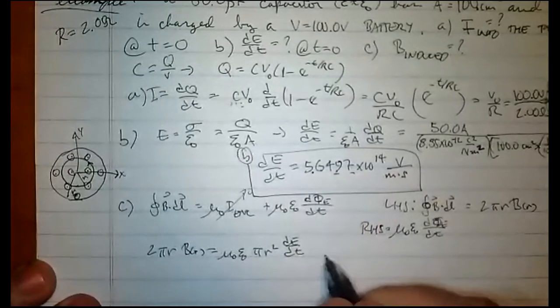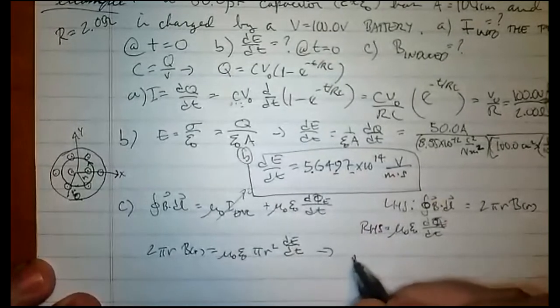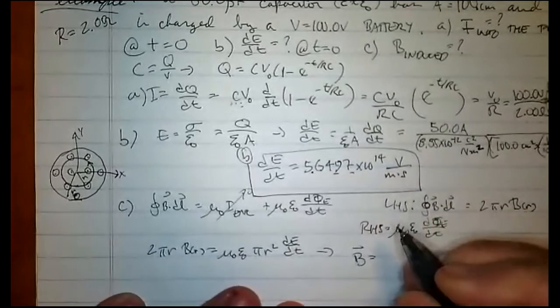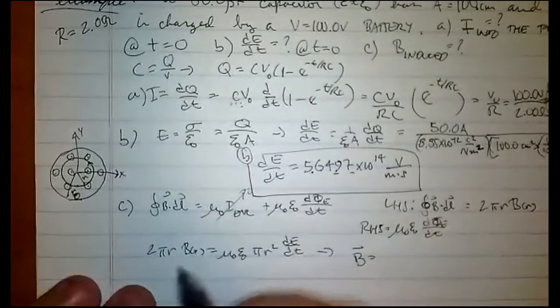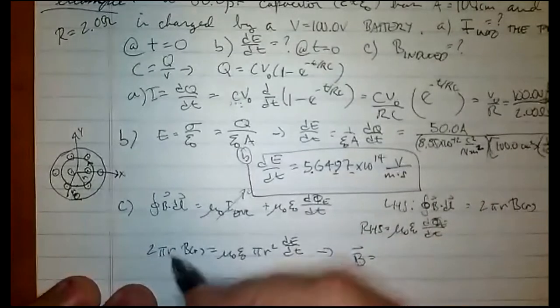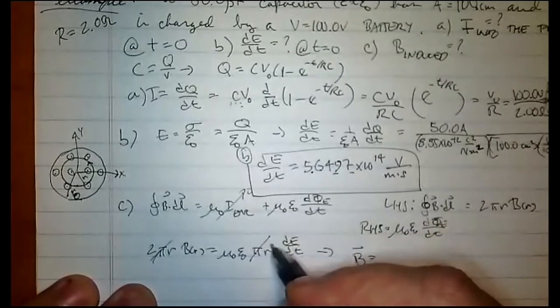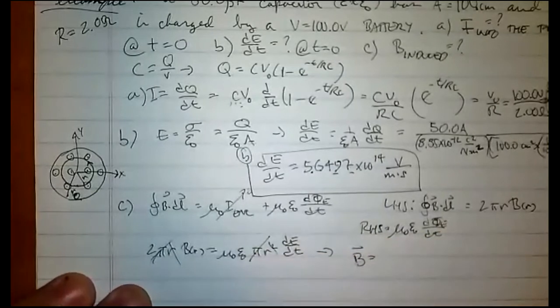So if I look at this, that tells me that B is going to be equal to, notice the pi cancels out, and that r squared cancels out with that r there.